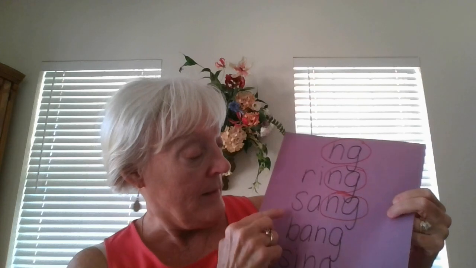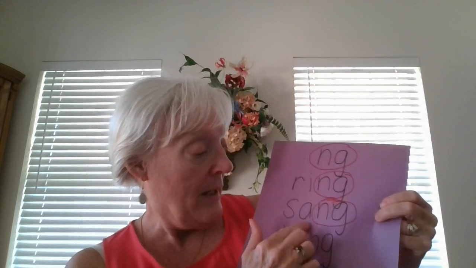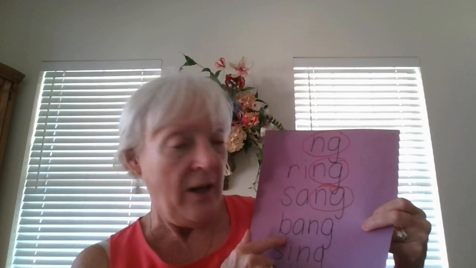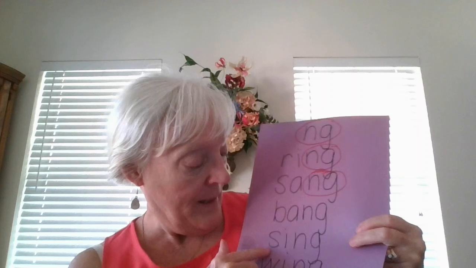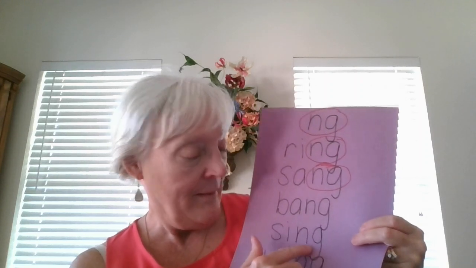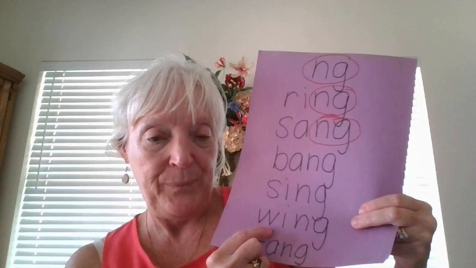Let's go to the next one. Try, remember, short vowels because of the NG. What's it make? Sang. Take off the S, put a B there, and what do we have? Bang. Okay, let's go to the next one. What's the word? Did you figure it out? Did you say sing? If you did, fantastic. Okay, let's go to the next one.